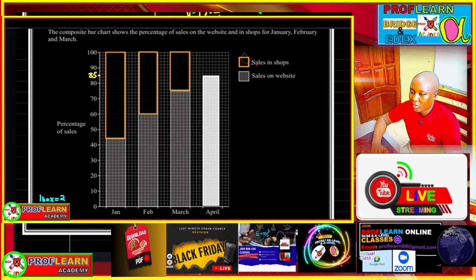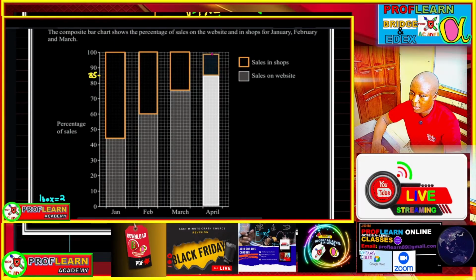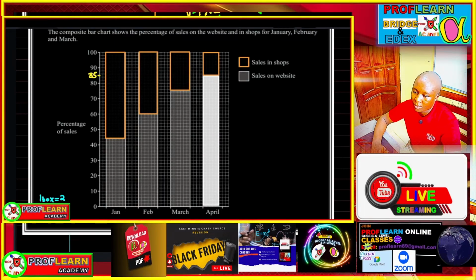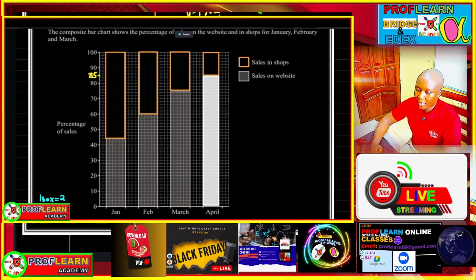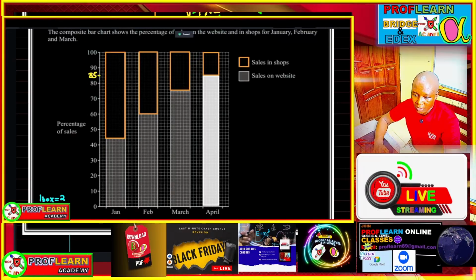Then I need to add the other one for 15%, so let me just copy it and then move it. So that's how we were supposed to complete that particular diagram at that given point. Basically, that's all that you are expected to do in this particular section.